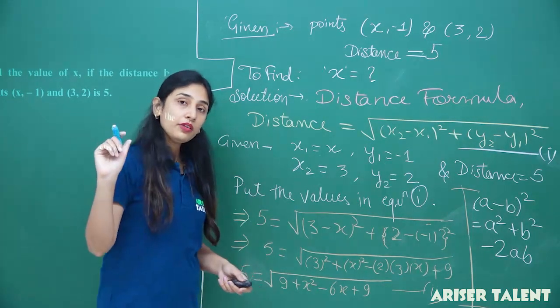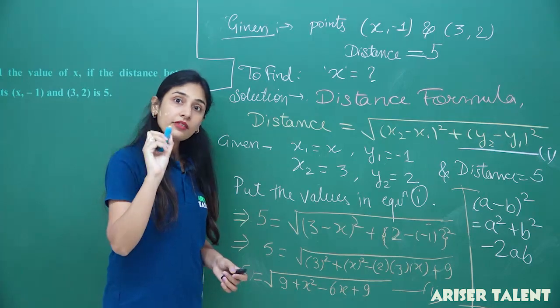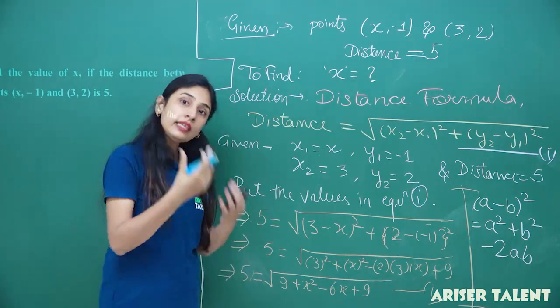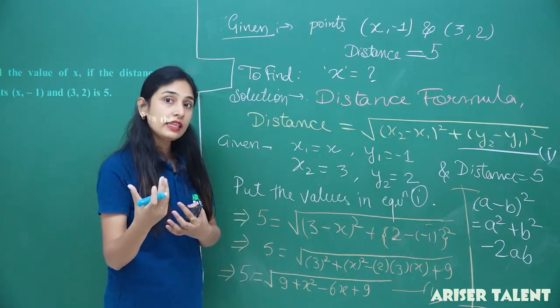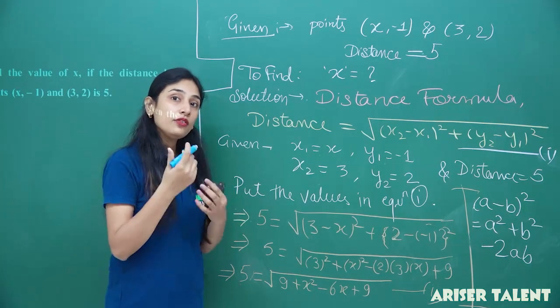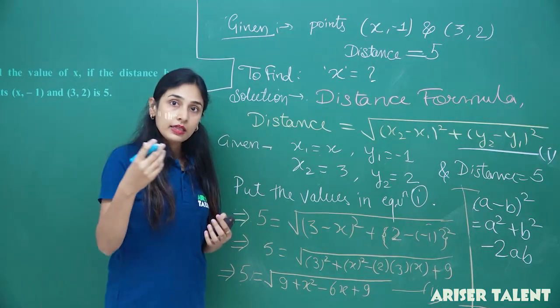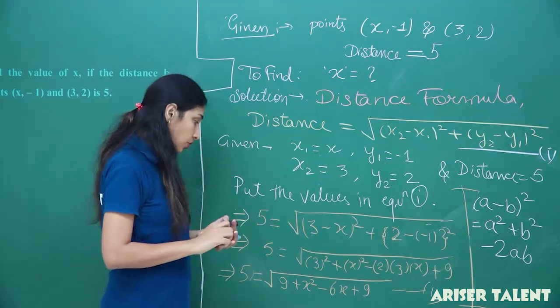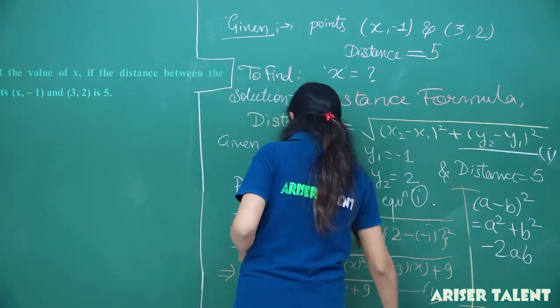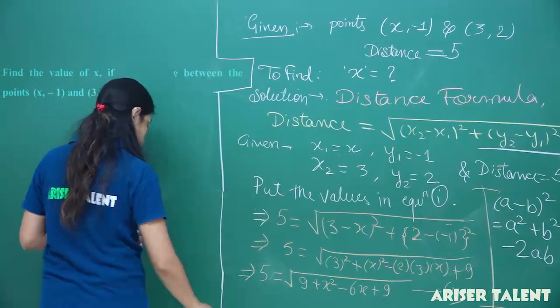Now remember, we have studied in our linear equation, in any equation, not only linear equation, if we multiply or if we square them, then the value will remain the same. Okay.